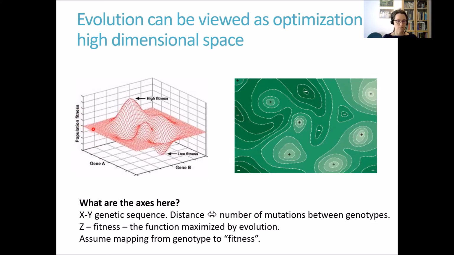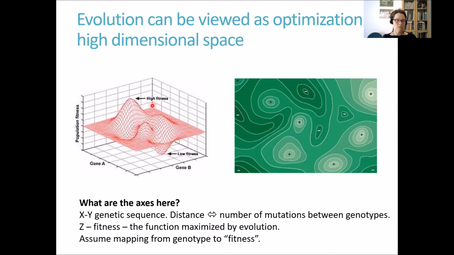So a location in the plane, the XY plane, represents a genotype. Every location is a different genotype, and the height represents the fitness, like the hill here or the valley that we have here. So this is just an upper view of the same topographic map.